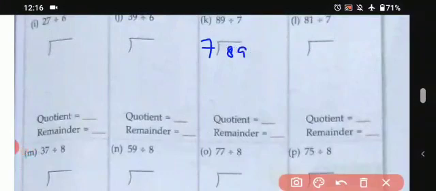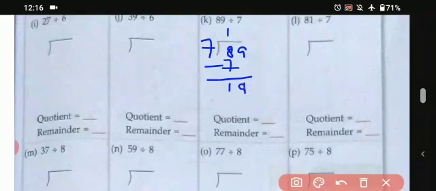Okay, so then 7 ones are 7, 8 minus 7, that is 1, and then we'll be writing here 19. So it becomes 19. So does 19 come? No, students, even 19 doesn't come.